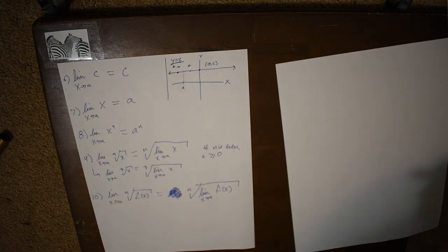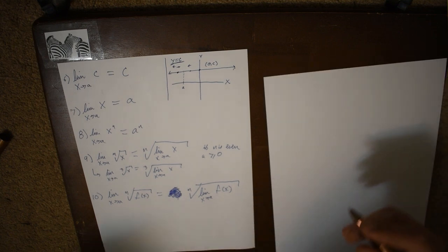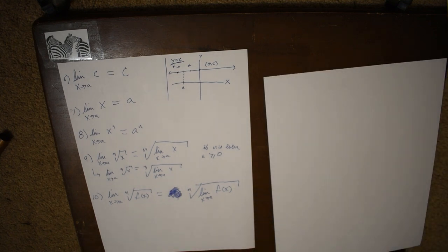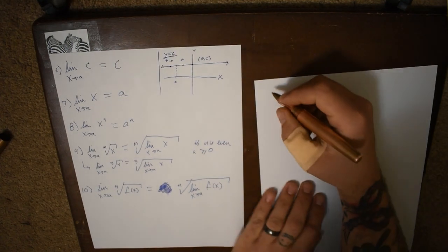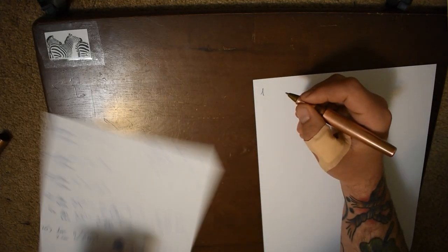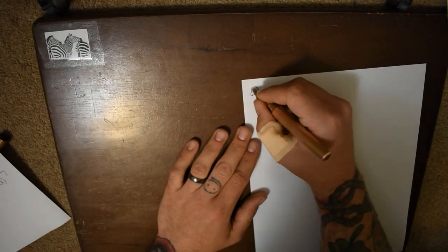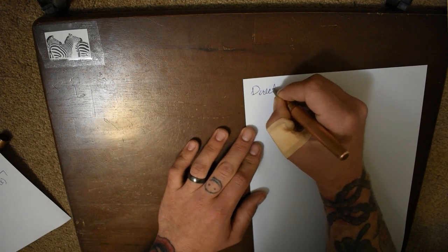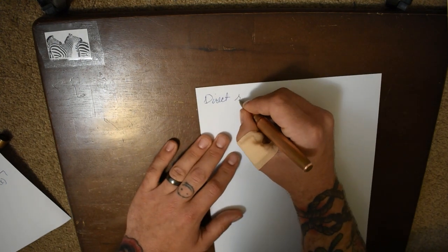What the direct substitution property says is that, oh, I got a typo over here. It says, and we'll call this the direct substitution property.